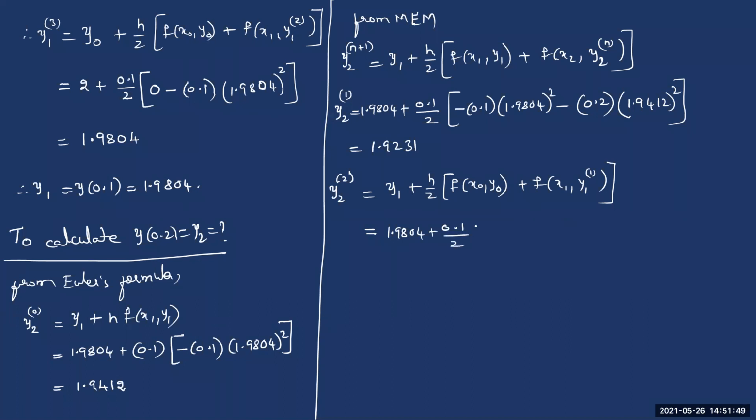It is 0.1 by 2 into f of x1, y1, which is minus 0.1 into 1.9804 whole square. Then minus f of, I'm sorry, I've written it wrongly. This is f of x1, y1, and here this is x2, y2. And then x2 means 0.2 into y2 first approximation. So we need to take the square of this. Right, let us see how much you'll get here.